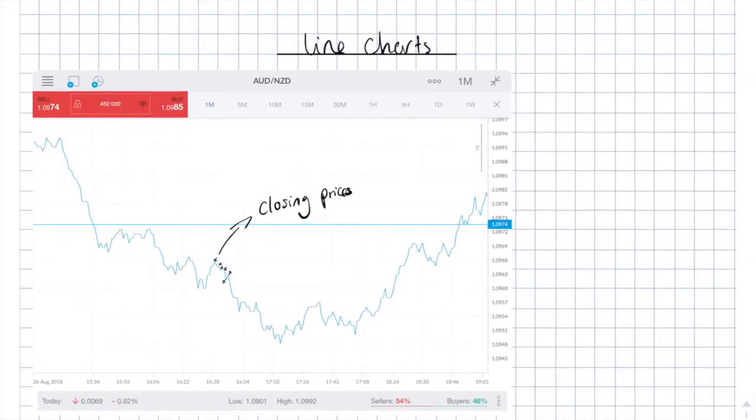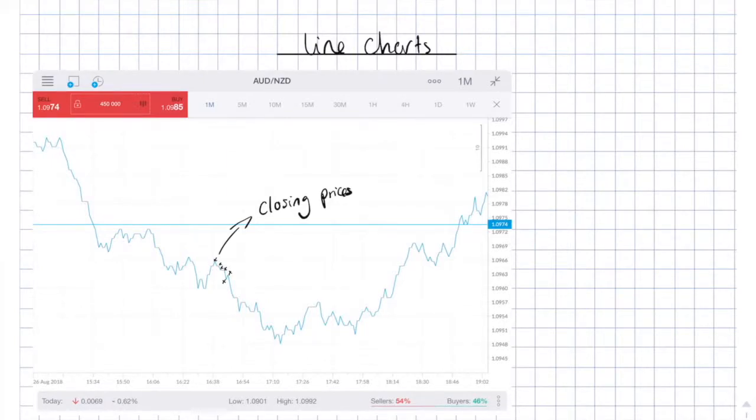Well, let's say for example the price of a currency at 5 p.m. is a certain value, and then the currency at 5:01 is a certain value, and then at 5:02 is a certain value. 5:01 on this chart is shown as a vertex, and 5:02 is shown as another vertex, and all they've done is join the vertices together.